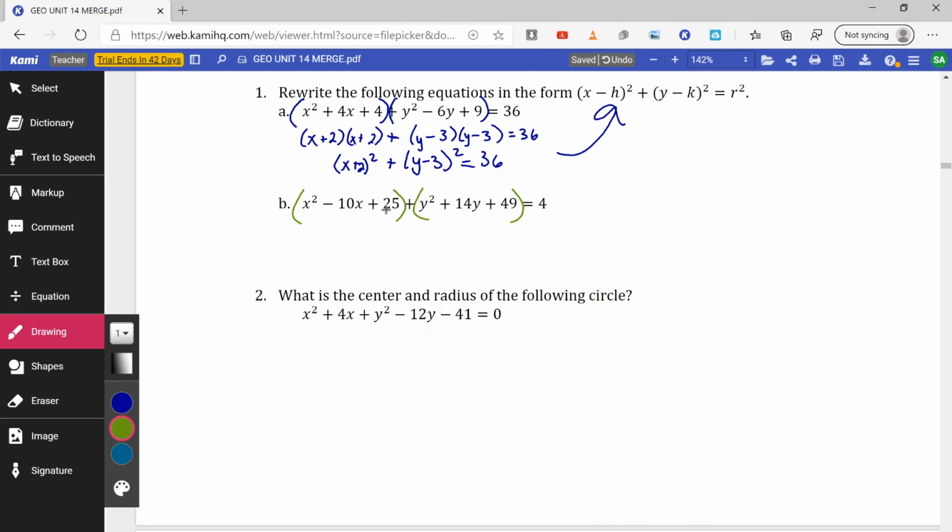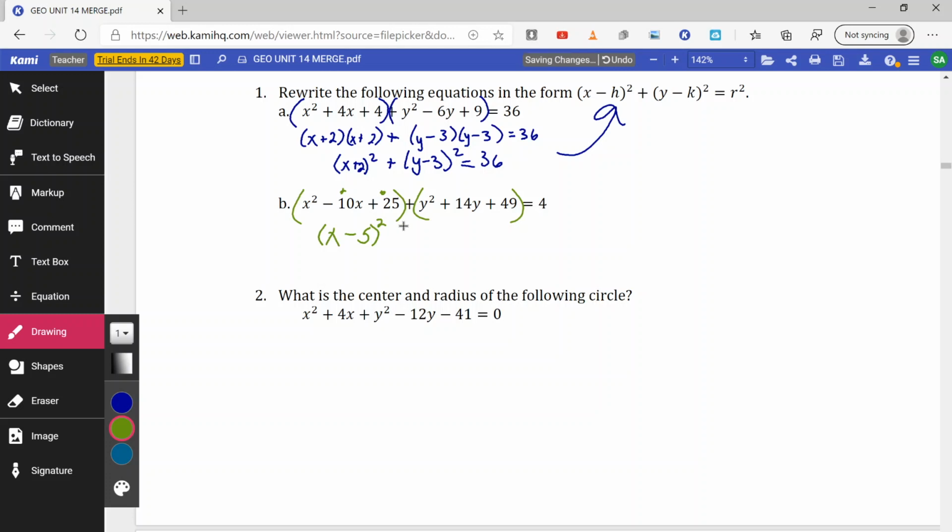So here we're going to factor it. If we're able to come up with the correct format, we know it's going to be x, because x times x gives me x squared. And then I have to come up with a number that will multiply to 25 and add to negative 10. So what number times itself is 25? Well, it's 5. 5 times 5 gives me 25. And then the middle term will give me the sign we have to put.